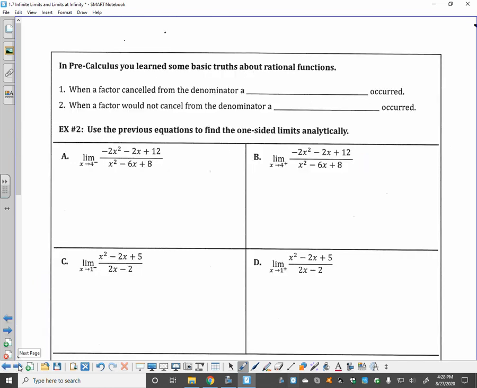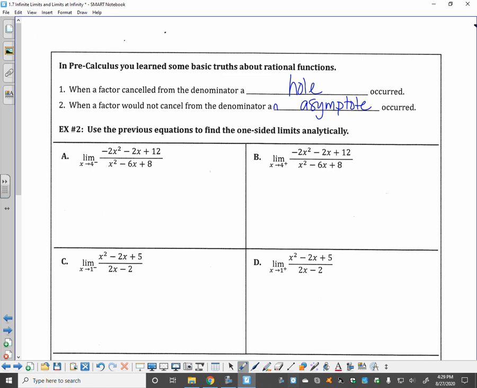All right. In pre-calc, you learned some basic truths about rational functions. When a factor cancels from the denominator, a hole happens. When a factor does not cancel from the denominator, an asymptote occurs.